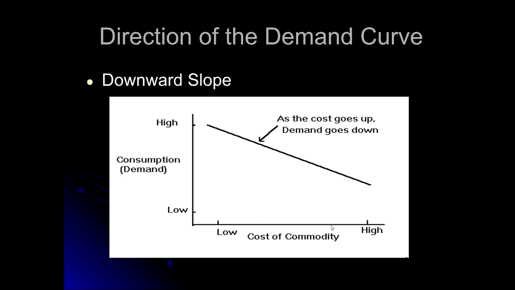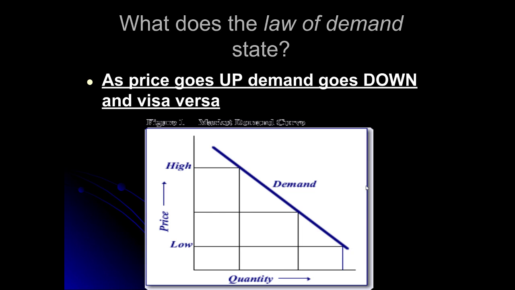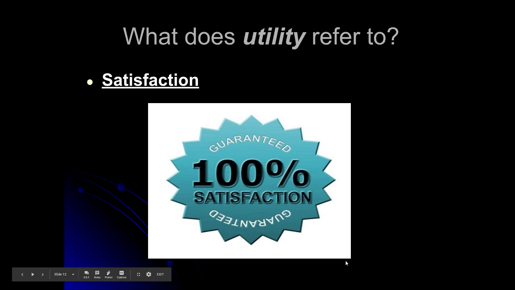And if there's a high cost, there's a relatively low demand. However, or I should say in addition, the law of demand states that very same thing. As price goes up, the quantity demanded, the number demanded, goes down, right? We need to know that.